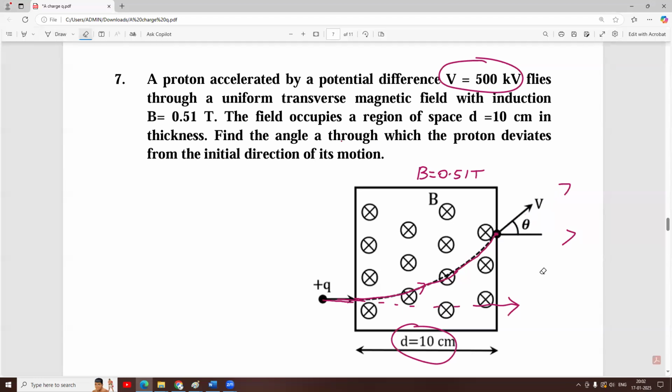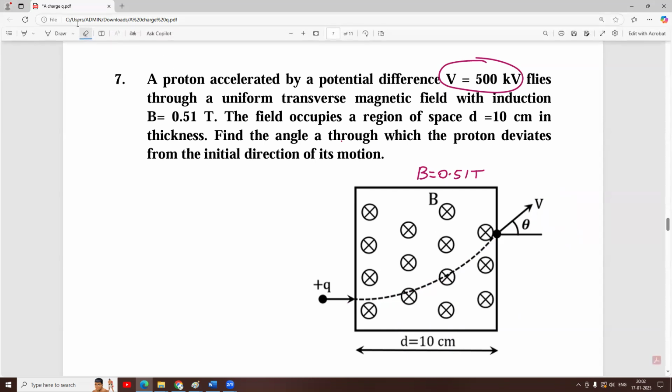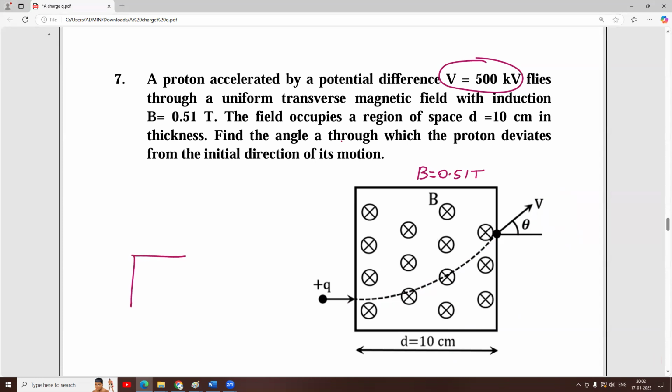Okay. Now, as soon as this proton enters into the magnetic field, it starts moving in a curved path, that means a circular path. Now, if I redraw it like this, this is the space where the magnetic field is present, and this is D. As soon as the charged particle is here, it starts moving in a circular path.